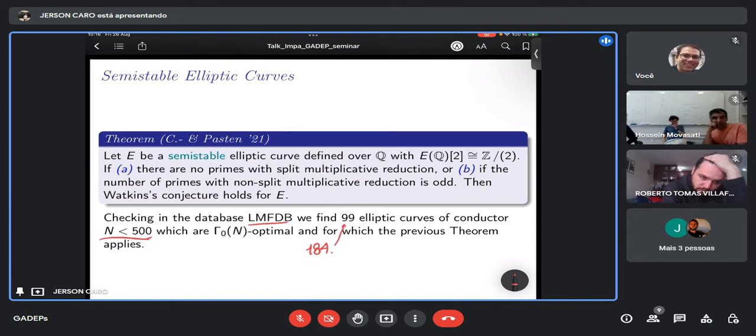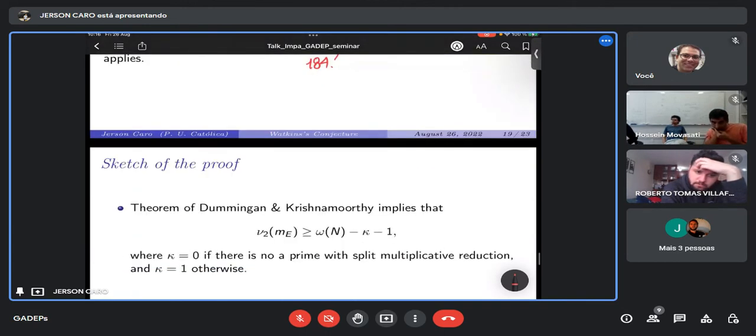And the theorem is applicable for 99 of those elliptic curves. So yeah, it's applicable to more than half, at least for N less than 500.